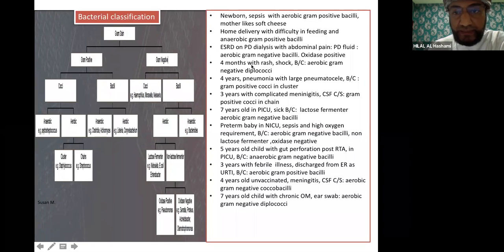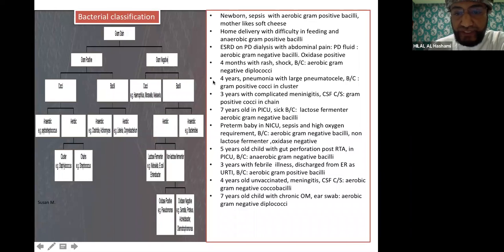When you have a child with end-stage renal disease on peritoneal dialysis with abdominal pain, the dialysis fluid grows aerobic gram-negative bacilli that are oxidase positive.